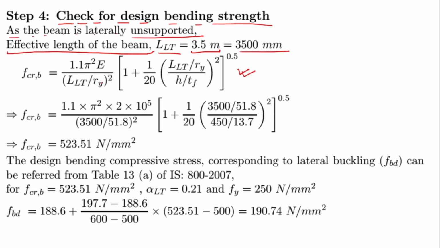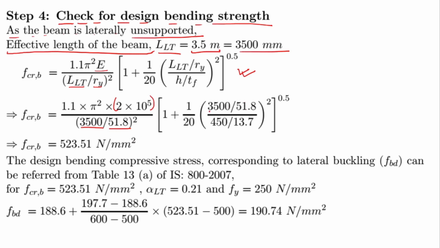Here E is the modulus of elasticity of steel. So for mild steel, the modulus of elasticity is 2 into 10 to the power 5. Then LLT is the effective length, which is 3500 mm. Then ry, already we have noted down from steel table, it is 51.8.